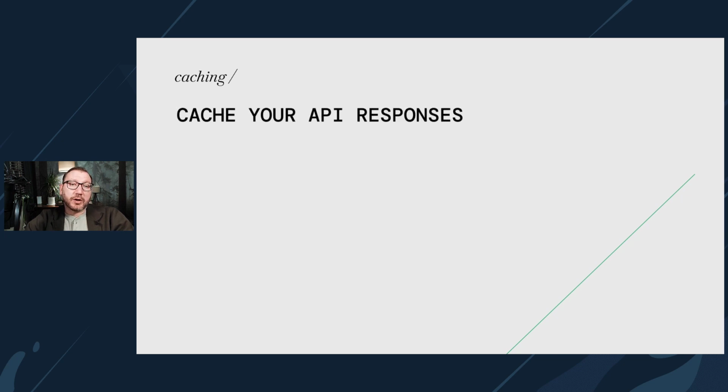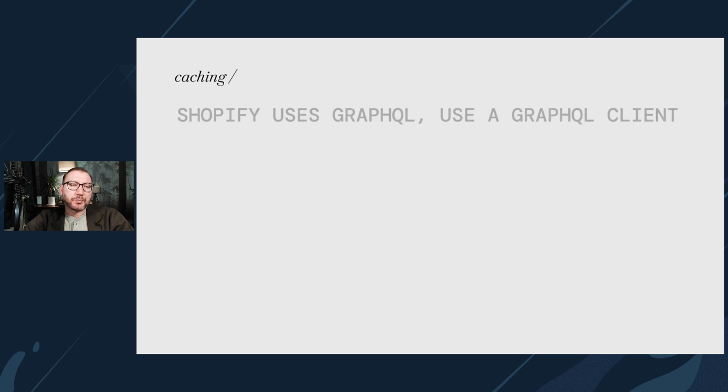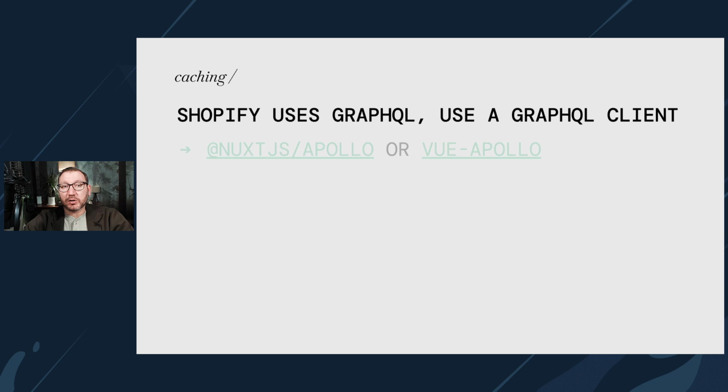Another big one is cache your API responses whenever possible. This allows you to skip the network call because you already have the API response in the cache. Now, if you're using Shopify Headless, you're using the storefront API, which is GraphQL, and we really benefited from using a GraphQL client.